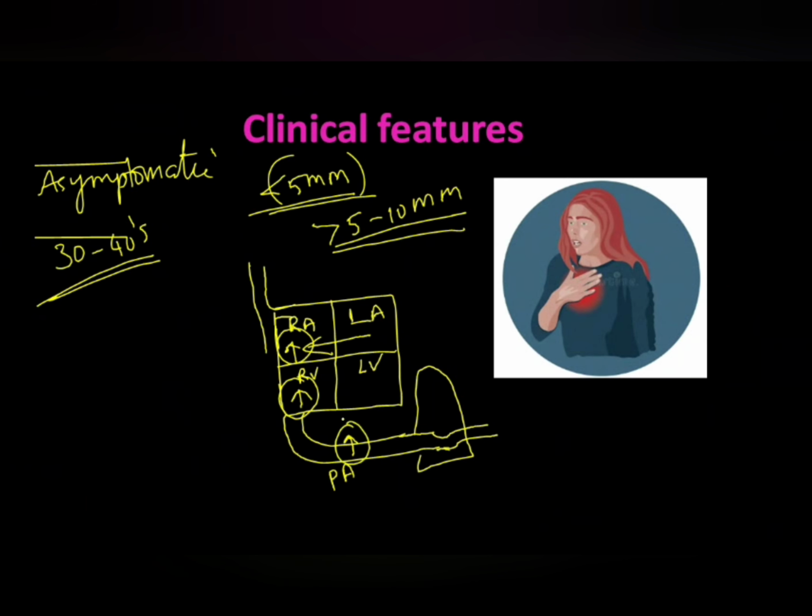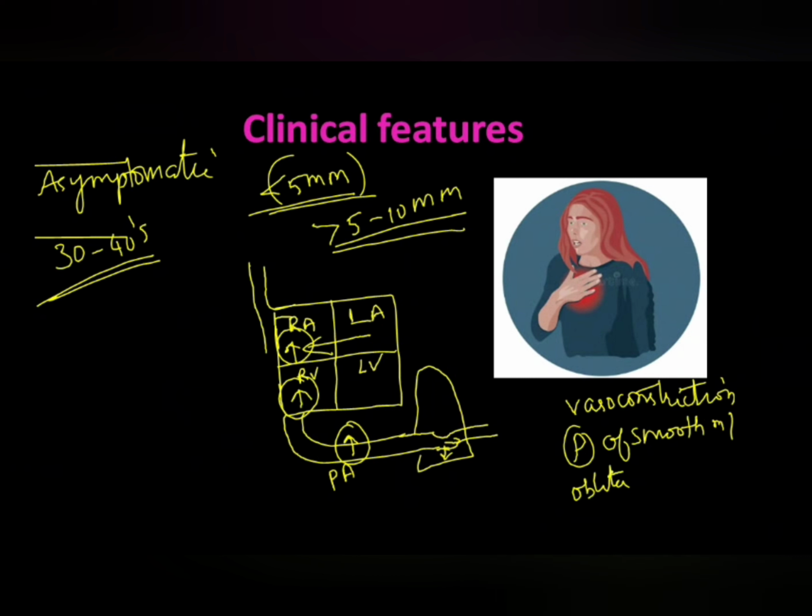So to compensate, there is vasoconstriction of the pulmonary arteries and proliferation of smooth muscle of the pulmonary vessel. And finally, in later stages, it can also cause obliteration or obstruction of the pulmonary artery.